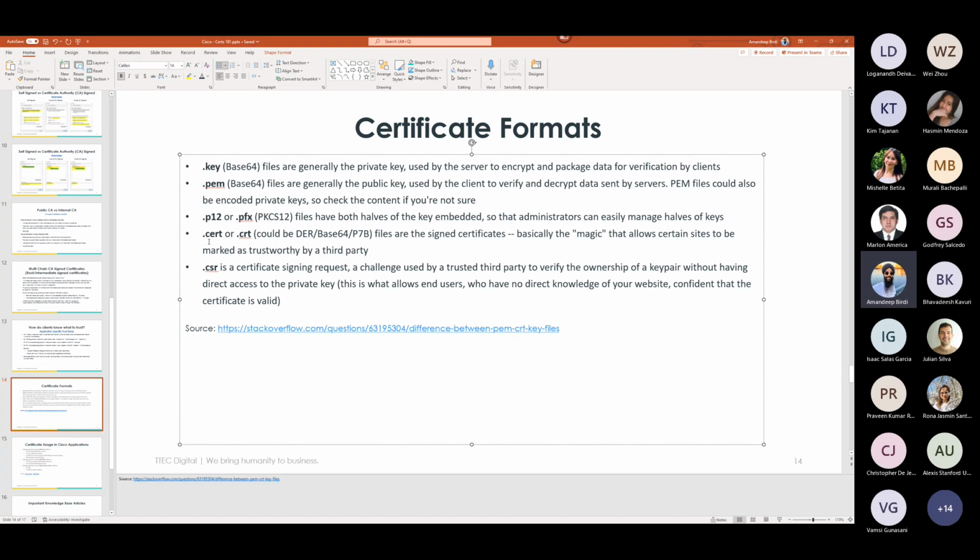Two files that contain the public and the private key. And so this is typically a base 64 encoded file. So it'll say something like begin private key, end private key, and within those two lines you will have a bunch of text, right? Random characters.